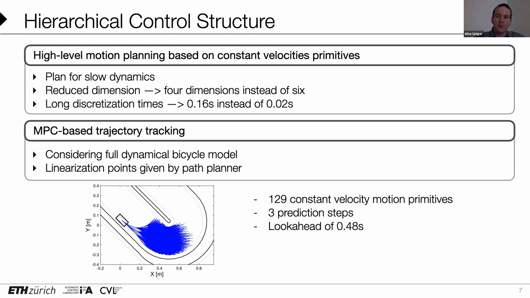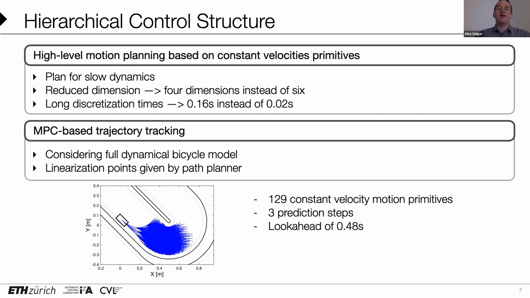And I would say even more important, we can have much longer actuation time. So we don't need to decide what to do every 20 milliseconds, but now every 0.16 seconds, for example. This turned out to be a good time for the system here. And if you would scale this up to a real car, this would be much longer.